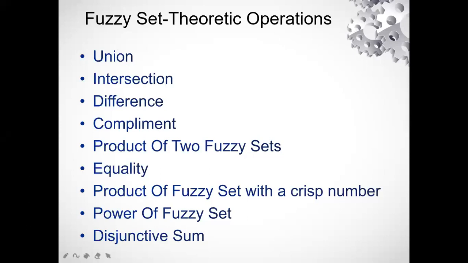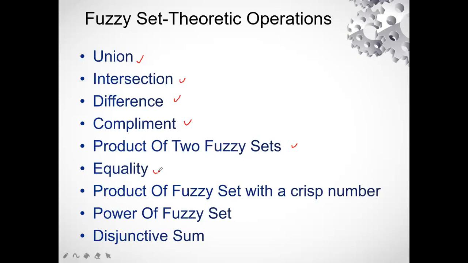That is, the operations are union, intersection, difference, complement. Now this is different: the product of two fuzzy sets, as we used to do earlier with the product of crisp sets. That means the multiplication of two fuzzy sets.